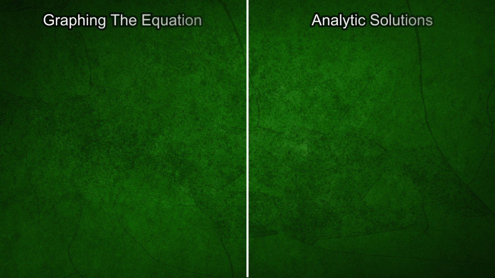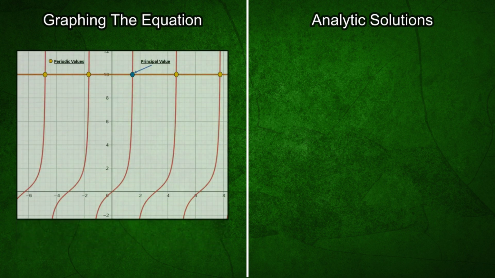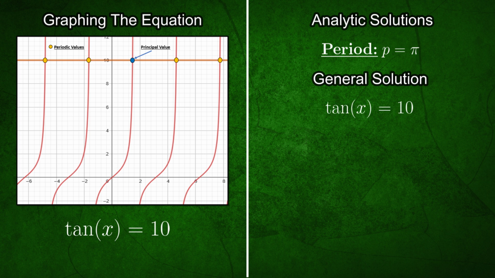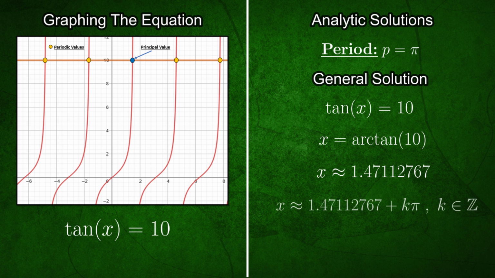Finally, let us understand the periodicity and symmetry of the function tangent of x. Tangent of x is a function whose period is pi, and it is not symmetric at all. Thus, if we have an equation like tangent of x equals 10, then for finding all of the solutions, we only need to do x equals arctangent of 10 plus k pi, where k is an integer.